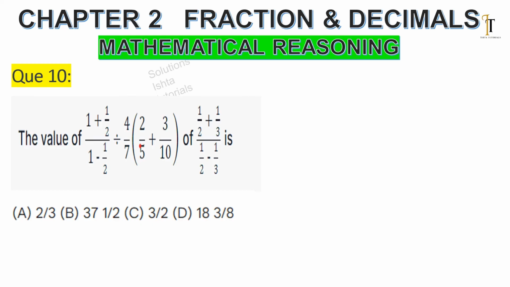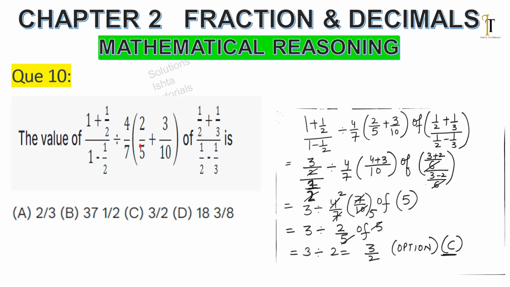Question number 10. The value of this expression is A 2 by 3, B 37 1 by 2, C 3 by 2 and D 18 3 by 8. Let's check the solution and we'll see it step by step. In the numerator, 1 plus 1 by 2, if we solve, we get 3 by 2, and in the denominator we get 1 by 2 divided by 4 by 7.